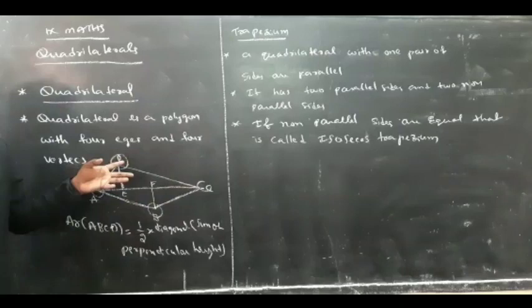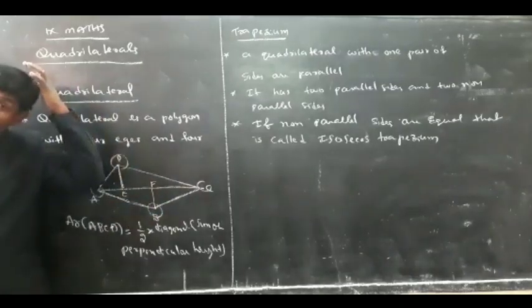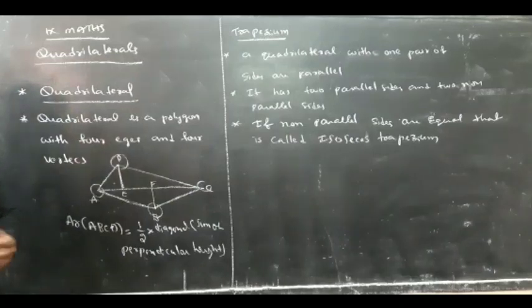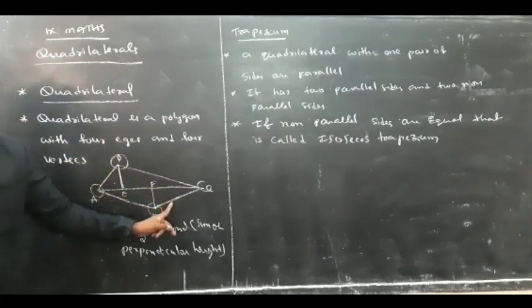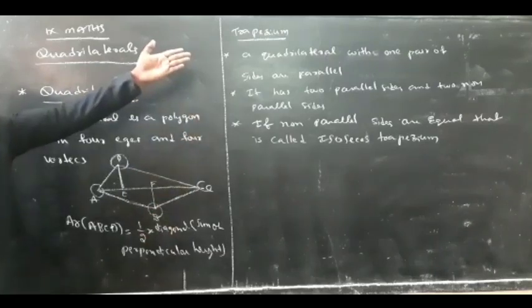If in a quadrilateral one pair of opposite sides are parallel, that is called a trapezium.